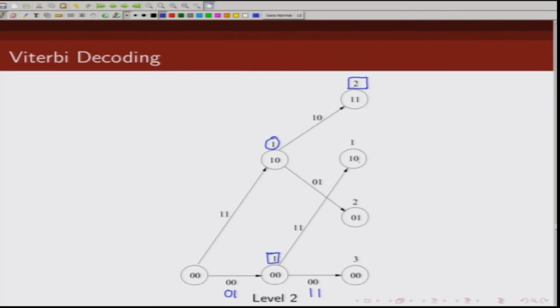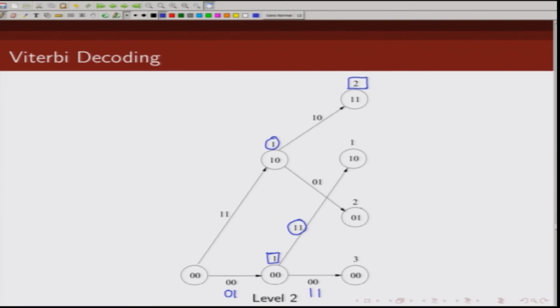Similarly, what is the path metric at this instance? So, note the branch metric for this branch is 0, because code sequence is 1 1 and receive sequence is 1 1. So, Hamming distance is 0. And what was the partial path metric? The partial path metric here was 1 and the branch metric here is 0. So, 1 plus 0, that is 1. Similarly, we can find out the partial path metric here.